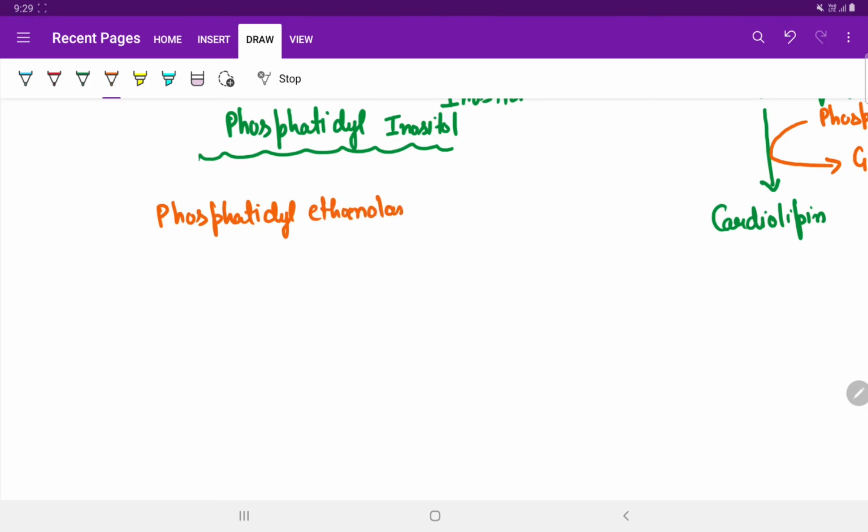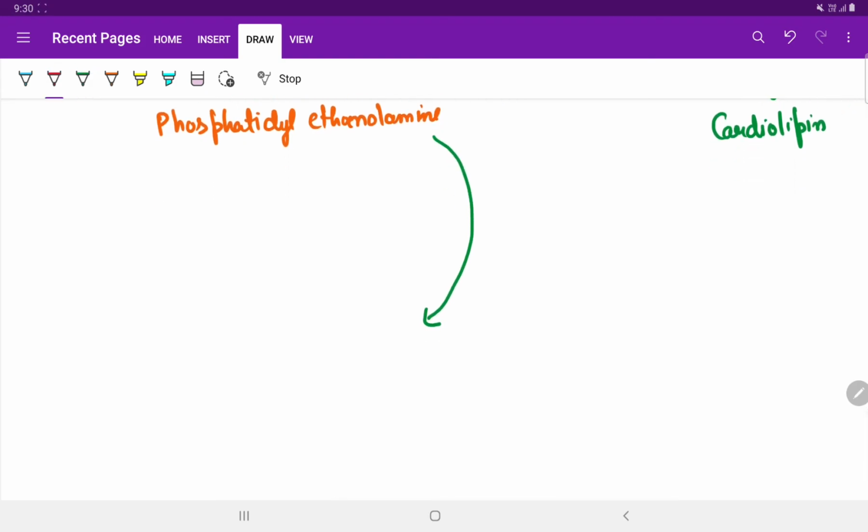Phosphatidylethanolamine will be reacting with a molecule of serine and will lead to formation of phosphatidylserine.